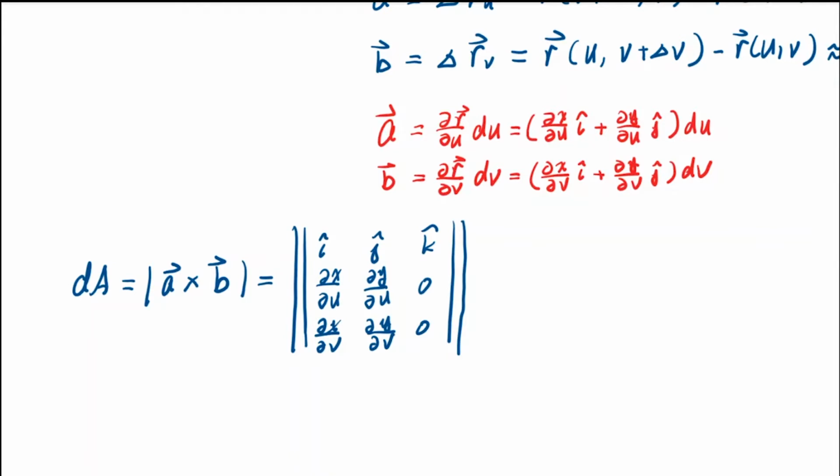Are you with me? Okay, minor and cofactor, right? So i is 0, j is 0, so k is the only thing that survives, correct?